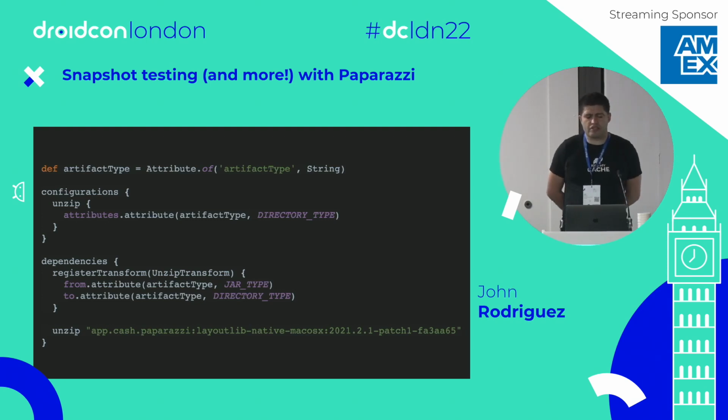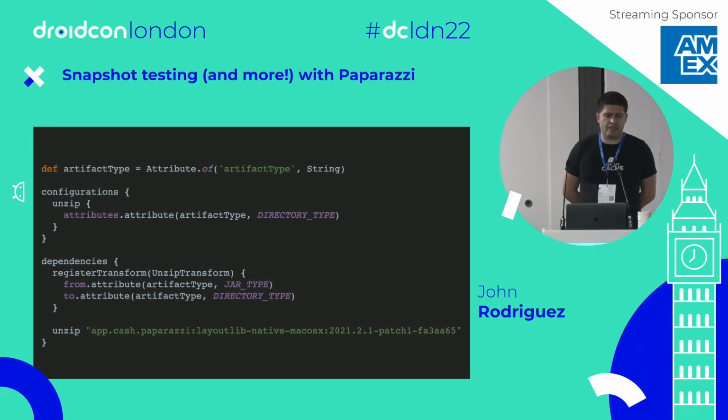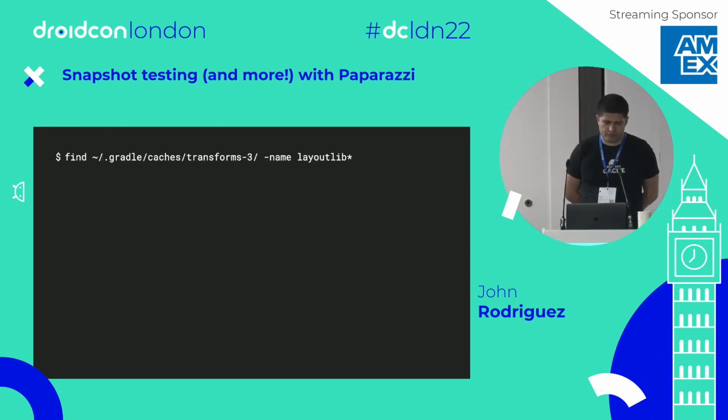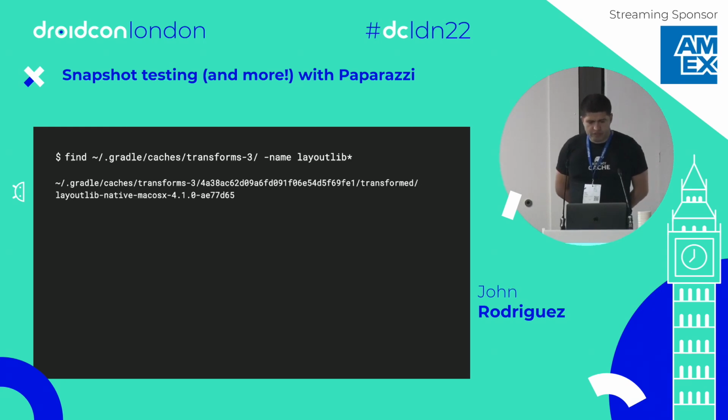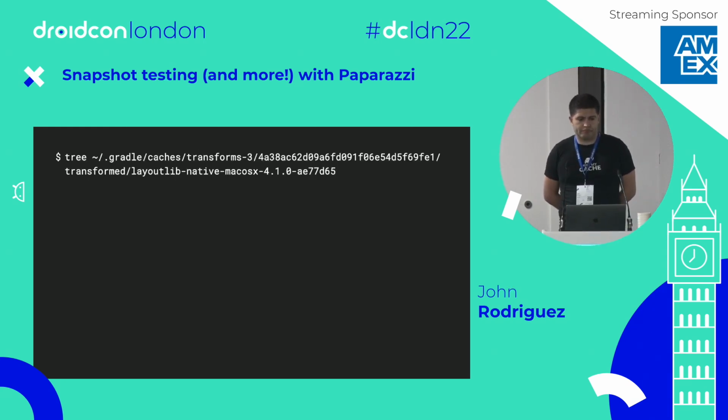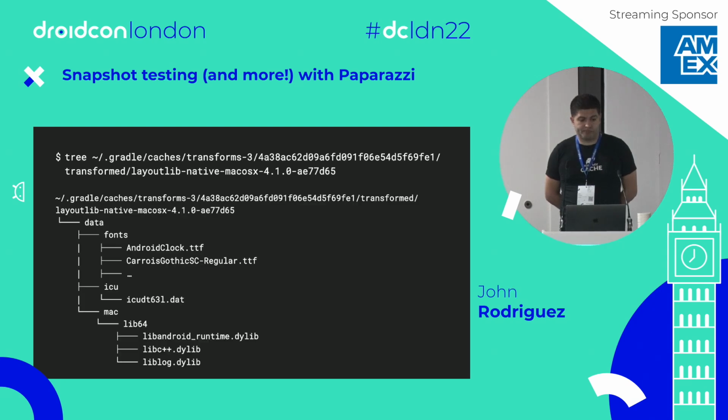So in this case, we take the platform-specific dependency, unzip it, and put the files in the right place so that we can pass those file paths to the bridge as opposed to class loading it. And if we look under the transforms directory, we'll see just that. There we go.